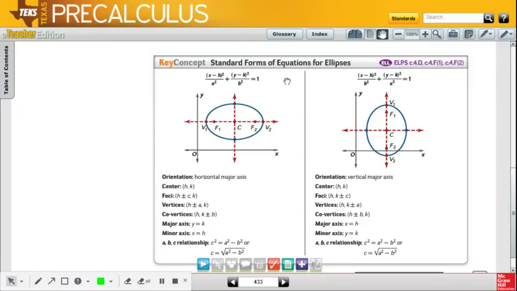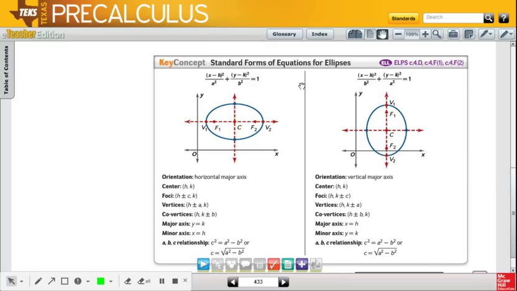Make sure to tell the difference between these two equations, as I will frequently ask you how you would know which equation to use and why. Once you know the correct form to use, you know the correct formulas for foci, vertices, co-vertices, major axis, and minor axis.